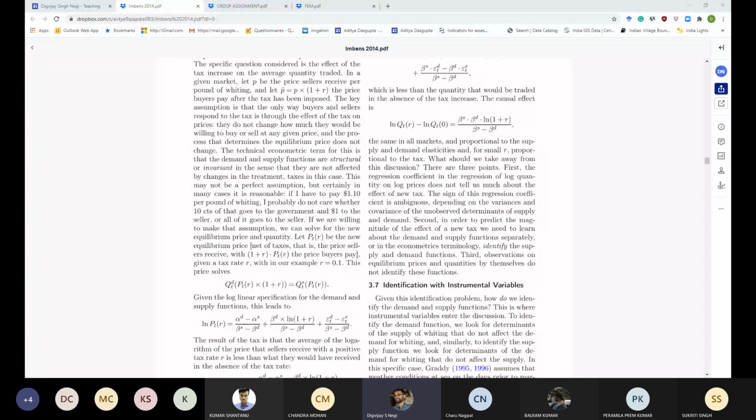Read section 3 of this paper and then basically write a note of around 2000 words. So not more than 2000 words. It can be less than 2000 words, but not more than 2000 words. Write a note on section 3, basically explaining what it is trying to say. If you want, you can use equations and explain it in equations. If you don't want to use math, you can avoid using math. But that is what you have to do.